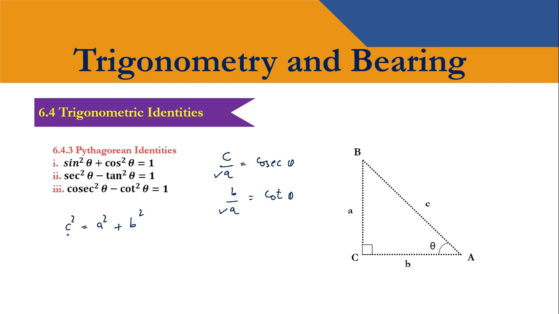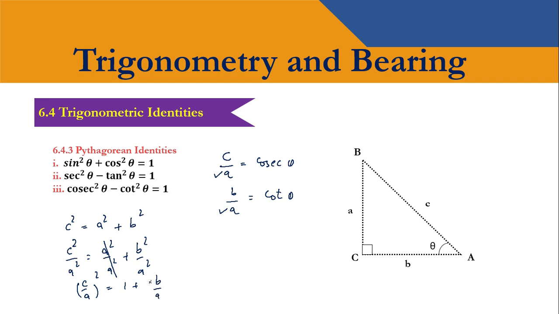So c square divided by a square is equal to a square divided by a square plus b square divided by a square. Here a square is cancelled. So (c divided by a) whole square is equal to 1 plus (b divided by a) whole square.